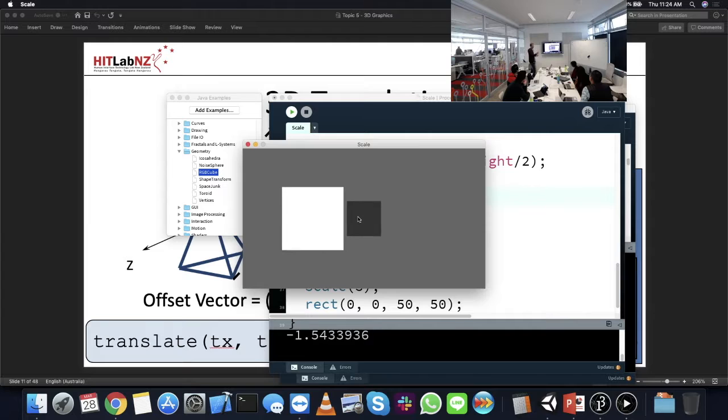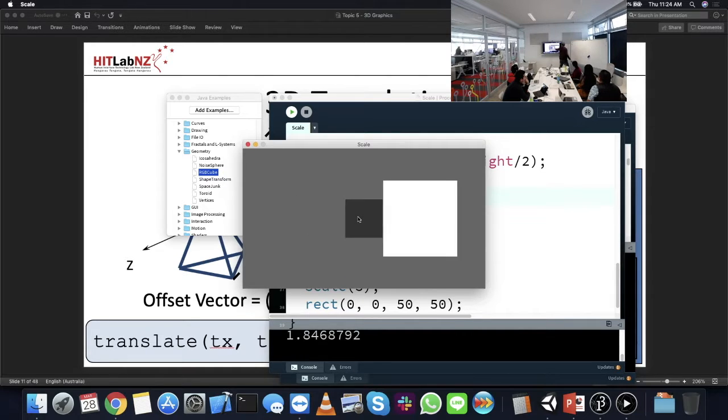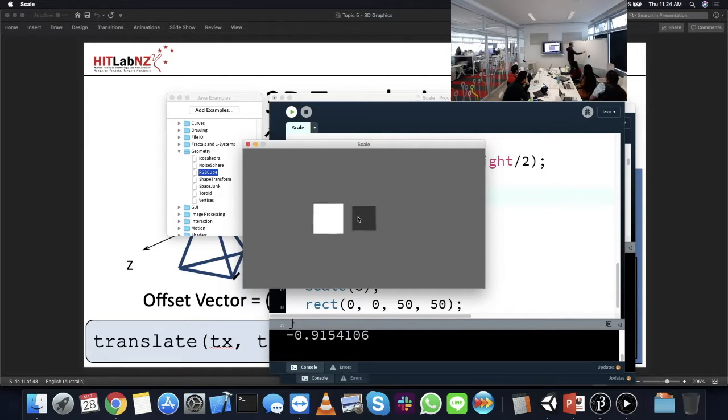In reality, if we just take one point, for example at 3, so let's say that's the center of this white box, as we scale towards 0 it'll go 3, then 2.5, then 2, then 1.5, 1, and so on. And when scale finally equals 0, that will be at 0.